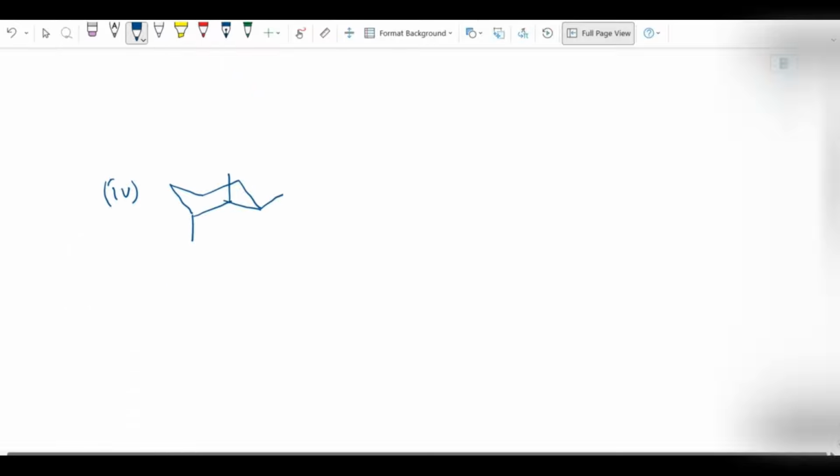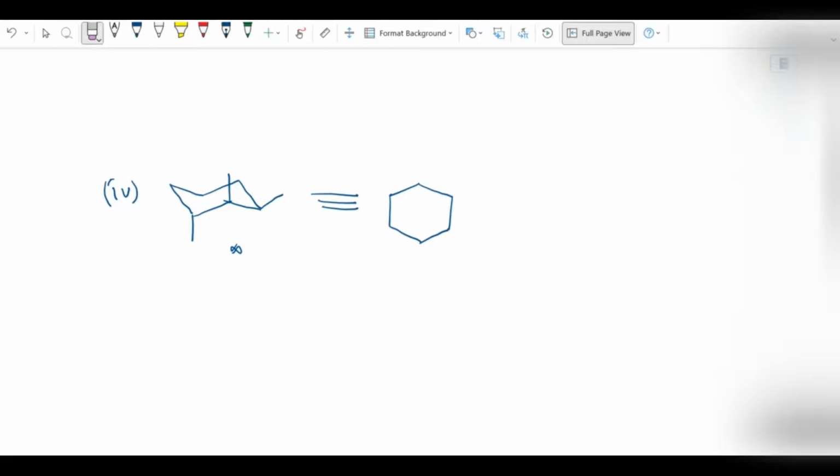To answer this question, it will make a lot more sense to redraw this as just cyclohexane. So convert it from the chair conformation to this hexagon.